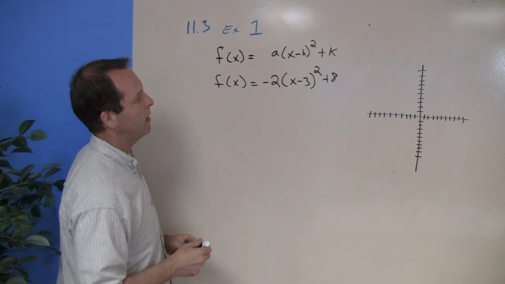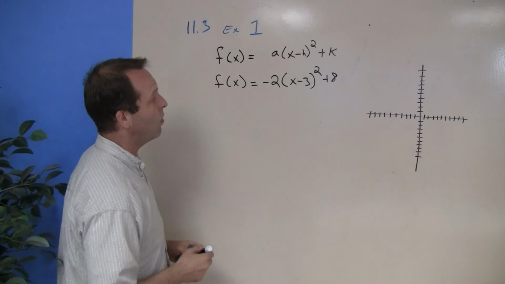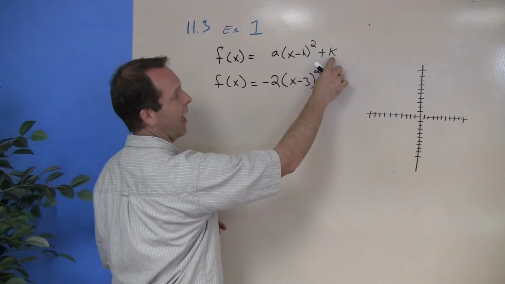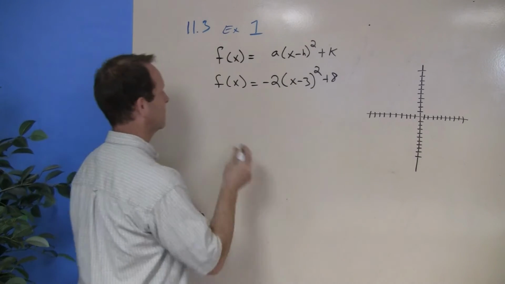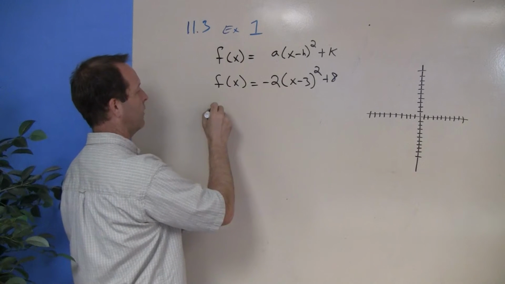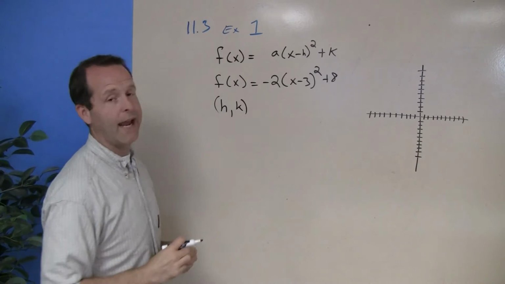The second thing that we want to look at is where's the vertex of this graph. The vertex is at the point (h, k).